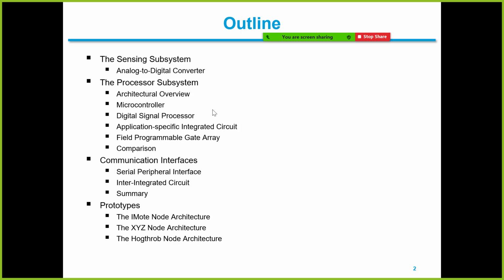Because in the sensor network, each sensor node needs to communicate with the others, and within the sensor node, subsystems also need to communicate to exchange data.